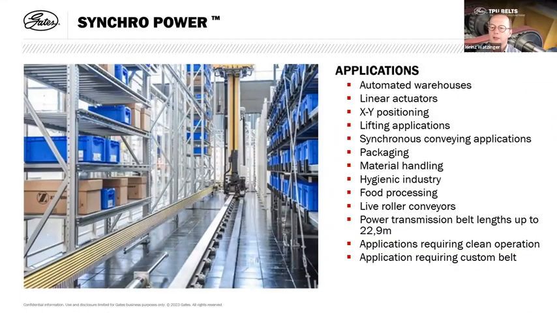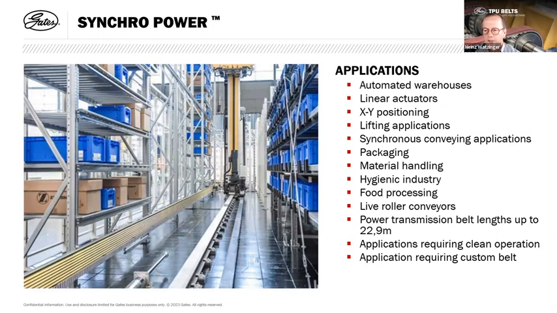The GT4 range of belts, 8 and 14mm pitch, are also static conductive to ISO 9563, and as such can be used in those ATEX environments where it's suitable. So you have a rubber belt with an EPDM rubber compound, a glass fiber tension member, and an impregnated nylon wear surface on the teeth.